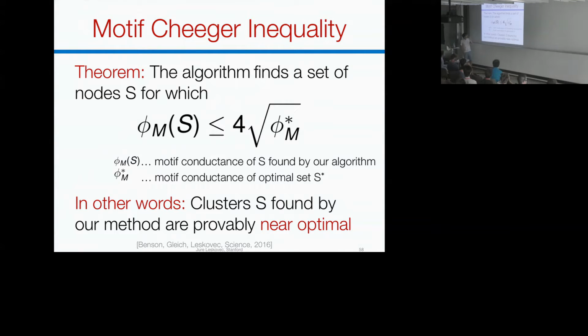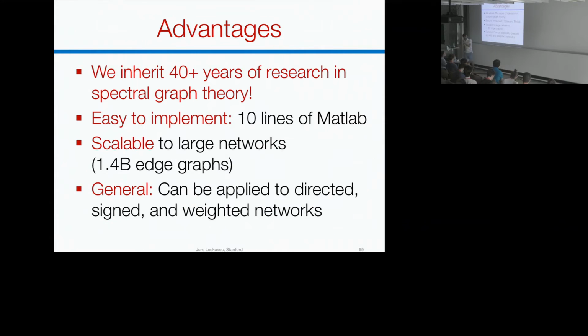It basically says that the cluster S this procedure will find is provably near optimal. It's a quadratic factor away from the optimal cluster that is computationally intractable to find, that we'll never be able to find in real data, right? So that's the good thing. Why is this nice?